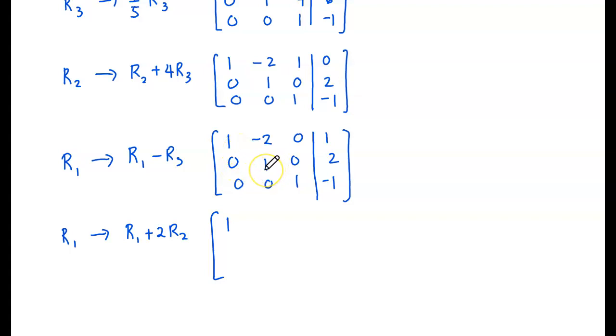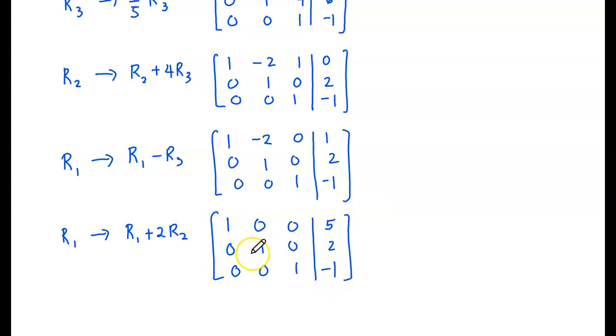Now, 2 times 1 is 2. Add that to negative 2, it's 0. And then this one is still 0, so it's 0. Now, 2 times 2 is 4, and then add that to 1, which is 5. And then you copy the rest. 0, 1, 0, 2, 0, 0, 1, negative 1.